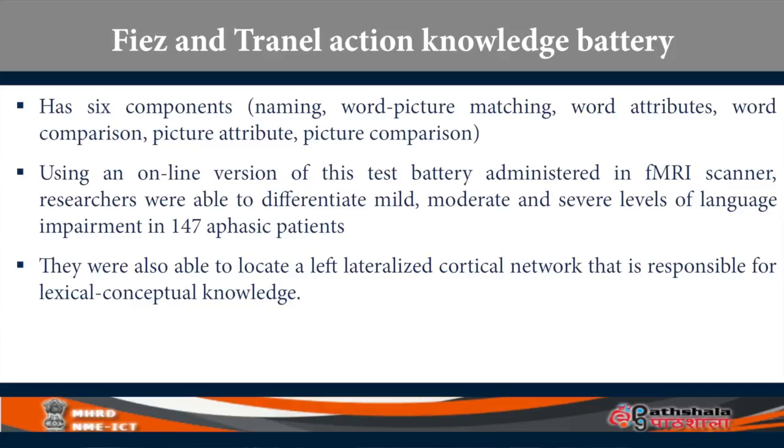That is, when the focus is how the brain processes lexical knowledge, especially in relation to action knowledge, based on 148 aphasic patients they were able to say very clearly that in the left hemisphere there is a network. They are not saying Broca's area or anything, but left hemisphere structures, a network, is involved in action knowledge.